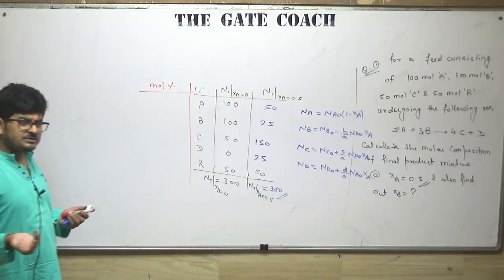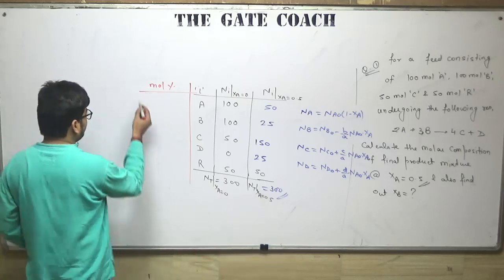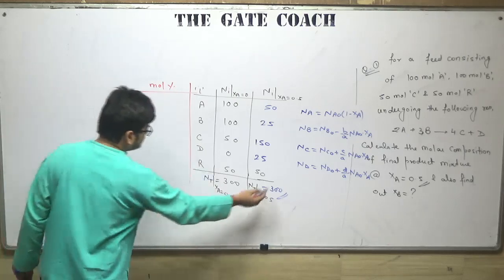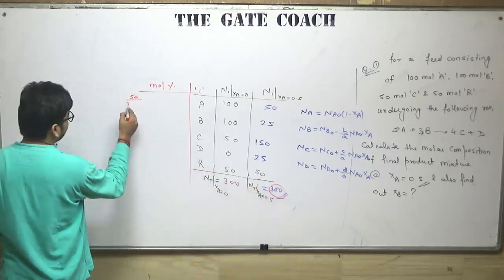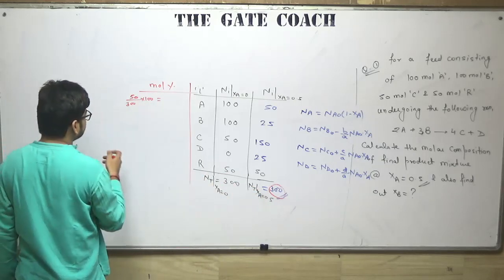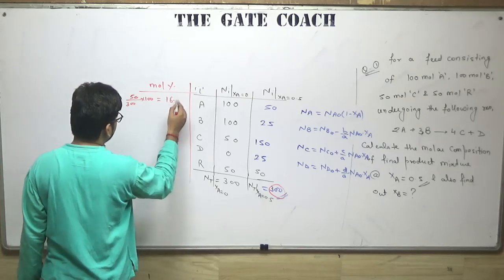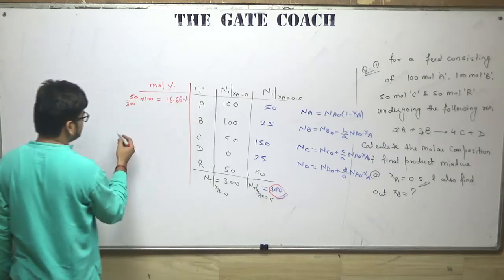And what is mole fraction? Moles of component divided by total moles. So for A it will be 50 upon total moles, that is 300, into 100, that is 16.66% I guess.